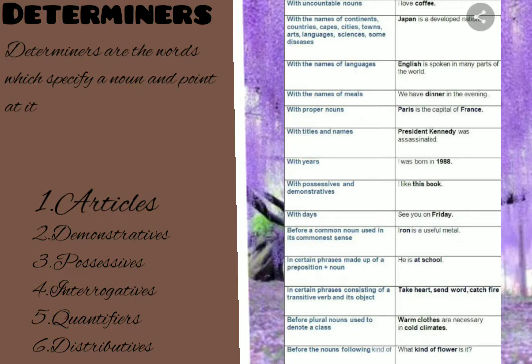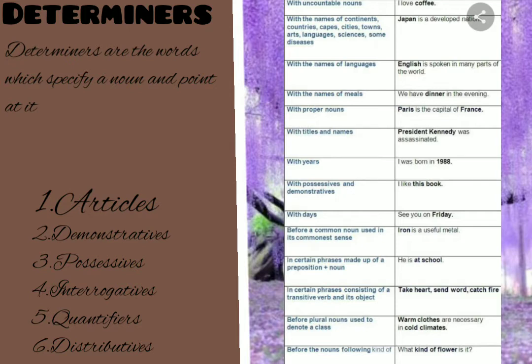With the names of continents, countries, capes, cities, towns, arts, languages, sciences, some diseases, articles are omitted. For example, Japan is a developed nation. This is a country named Japan, and before this Japan, the, a or an is not used.